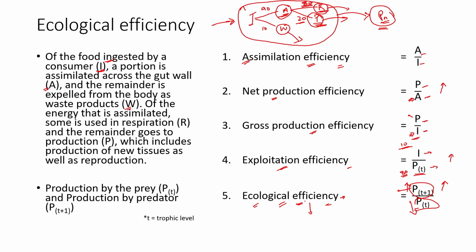So when prey and predator selection is happening, which prey to eat or which predator to stay away from, you get an idea by taking ecological efficiency into account. Ecological efficiency talks about the productive value of the prey with respect to the productive value of the predator. If the prey has a higher productive value, then only can the prey be eaten by the predator, and the predator will chase it.